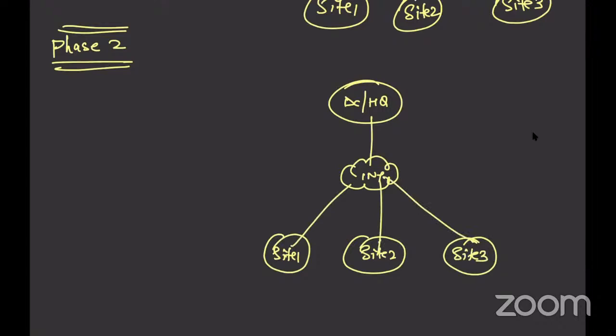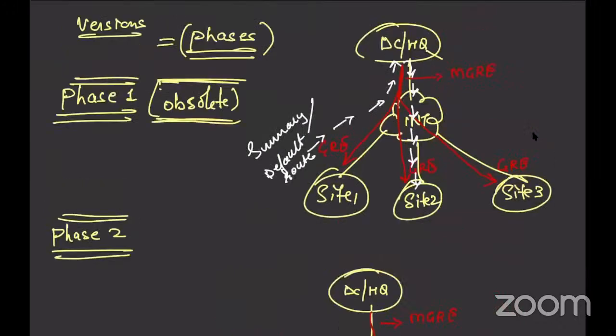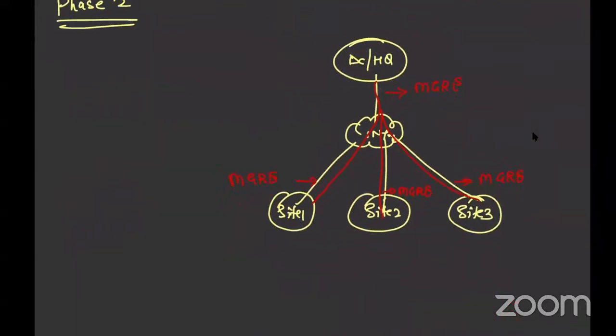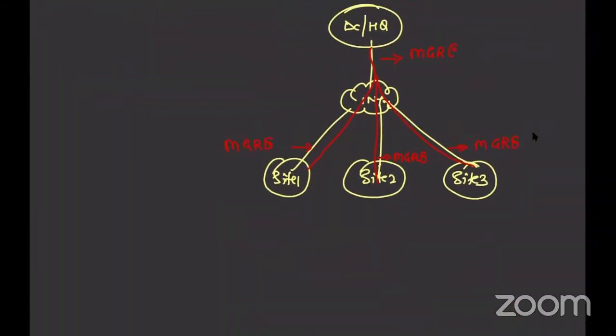The change here is that when you create a tunnel, you will configure mGRE on your hub, and you're going to configure mGRE on your spoke. Both sides are mGRE, but in the case where the hub is mGRE and the spoke is only GRE, the spokes are not able to create the spoke-to-spoke tunnel.